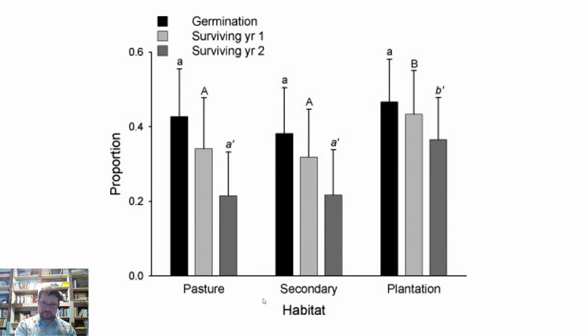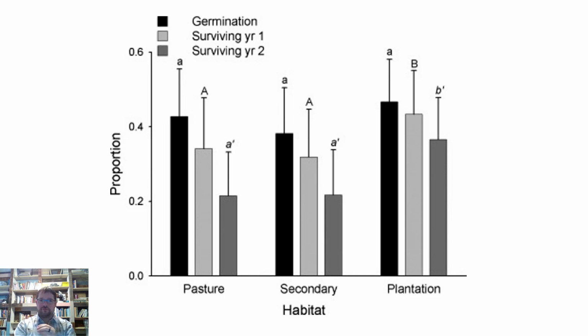Germination rate in pasture lands or secondary lands, okay, it's somewhere a little bit below 50%. In plantations, when you're talking about plantation, you're selecting for seeds that have been genetically modified. Okay? And soon you'll be selecting for seeds that have had CRISPR techniques used on them. You're looking at closer to a 50% germination rate.